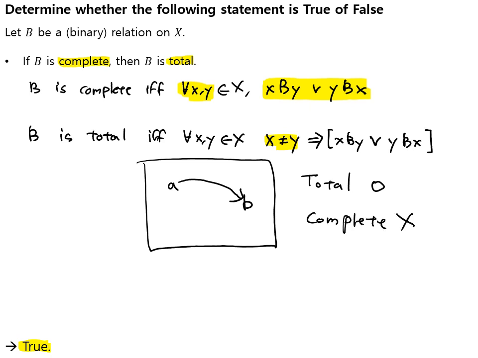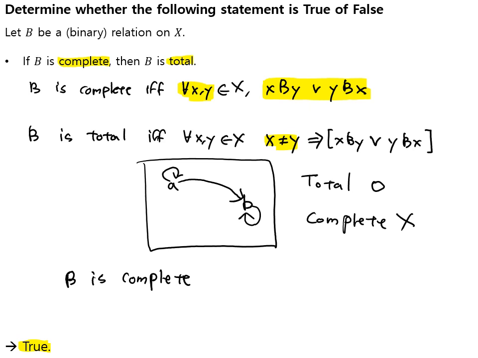Why? Because in order for it to be complete, it has to apply to all pairs, including pairs that include the same element, meaning that we would need an arrow directing towards itself for each of the elements, right? So this basically implies that if B is complete, we would need each of the elements having an arrow pointing to itself.